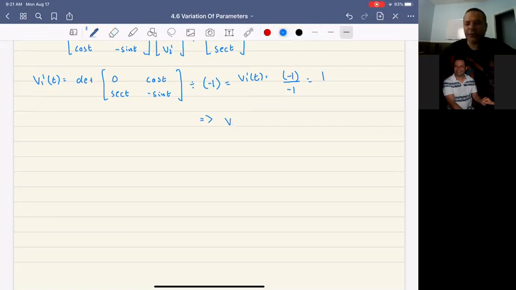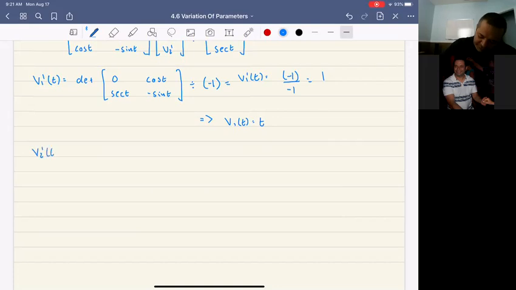So v1 prime of t is 1, so v1 of t is just t. We just take the straight antiderivative. We don't worry about the plus c for this, okay?